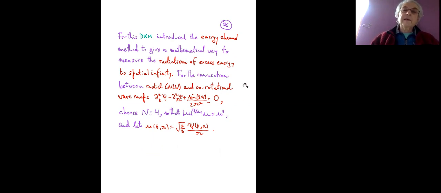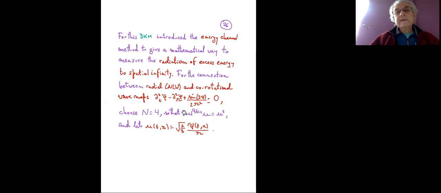Let me first explain a little bit the connection between the radial nonlinear wave equation and the corotational wave map equations, to show you why the two theories are connected. Because now we're going to look at the radial nonlinear wave equation in 4 dimensions.